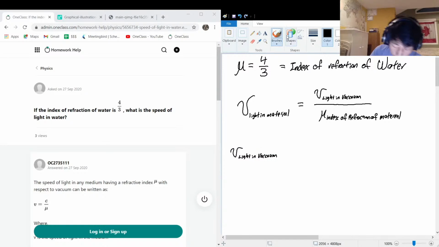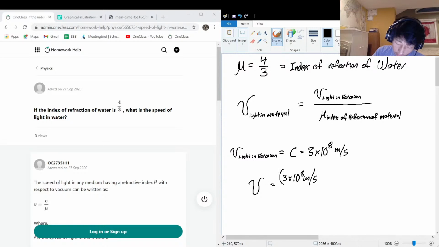This is equal to C, because it's used so frequently, which is equal to 3 times 10 to the power of positive 8 meters per second. Okay, and we know what the mu is, which is the index of refraction of water. So let's just put these puzzle pieces together and get the number. So V material, we can just write it as V because we know exactly what it is going to be: C, which is 3 times 10 to the 8 meters per second.